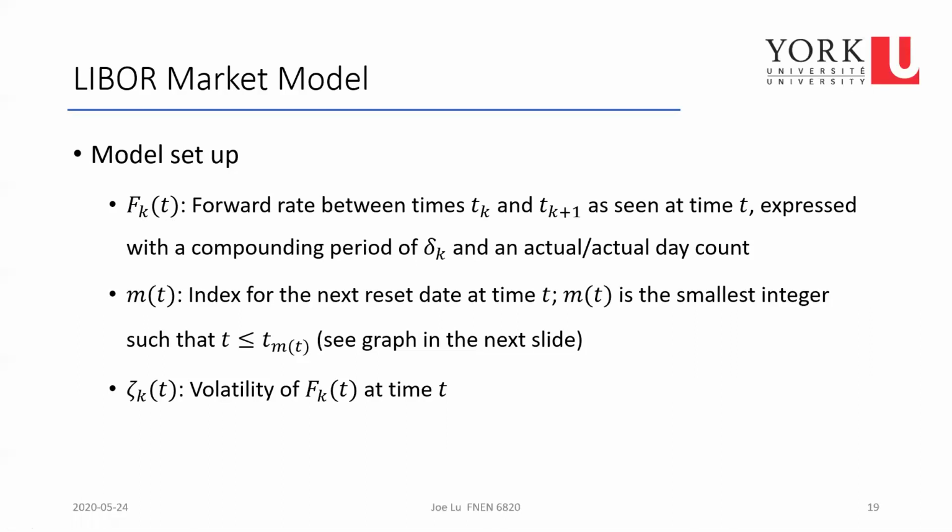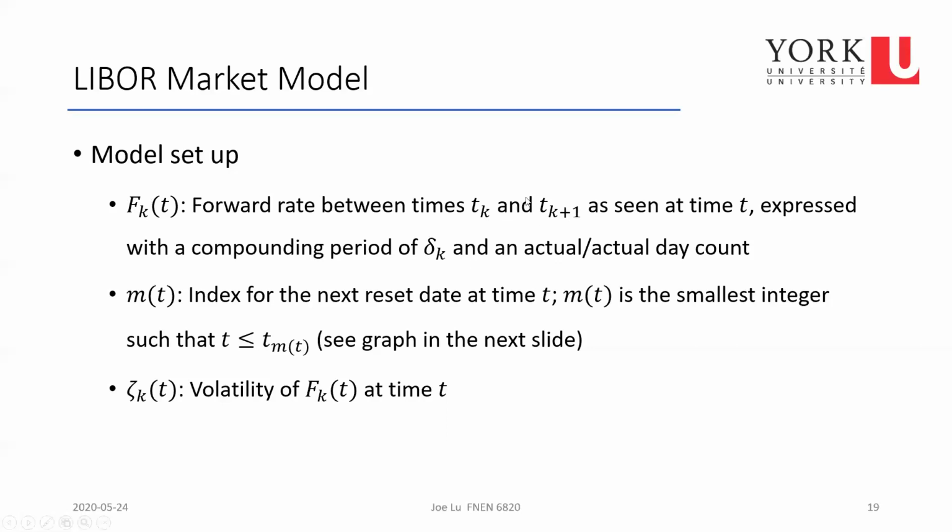Then F_3(t) is the 6 month rate from 1.5 years to 2 years. So that's how we denote the forward rates, just a convention to help us analyze it.